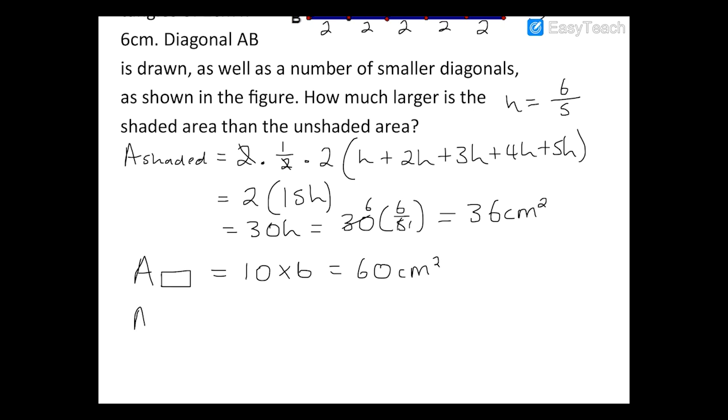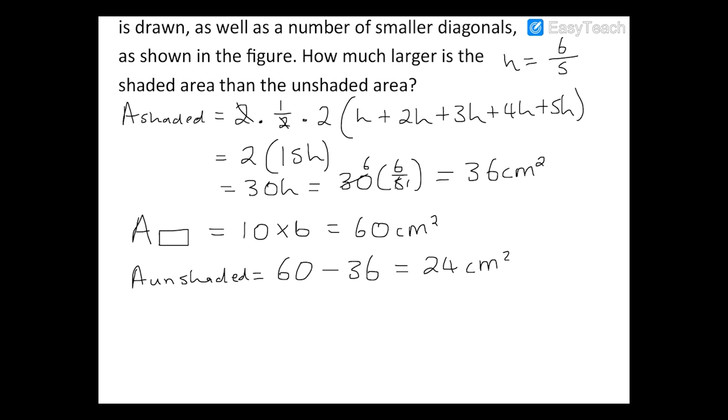That means the area of the unshaded will be equal to the area of the rectangle minus the area of the shaded, and we get an answer of 24 square centimeters.